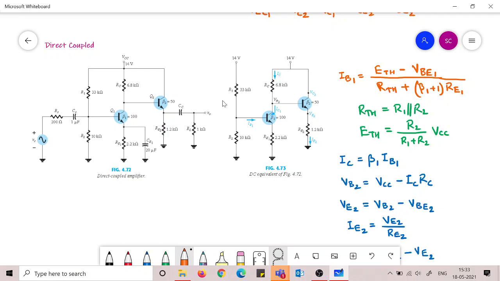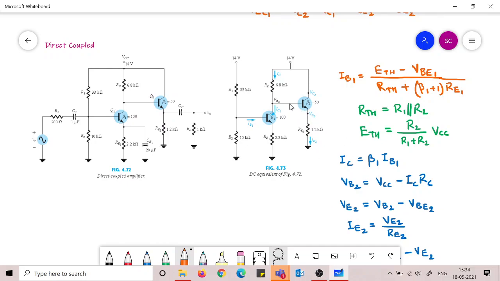The first stage is a voltage divider network, so you can solve it in that manner. Whatever you find out, this VC1, which is the collector potential of the first BJT, is the same as the base voltage of the second BJT, that is VB2.